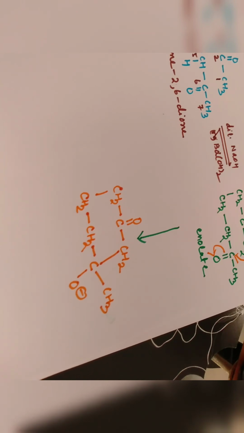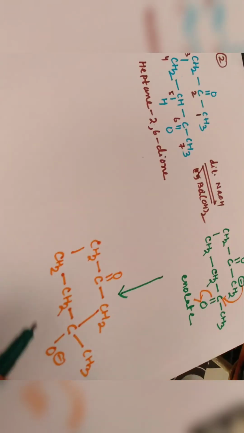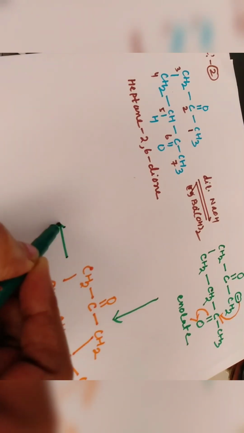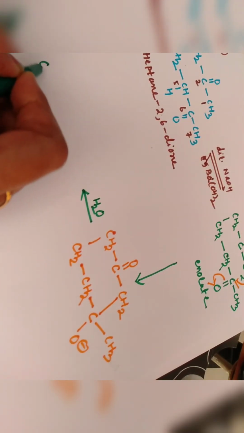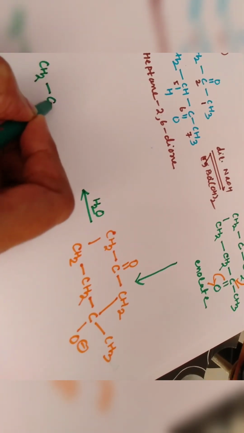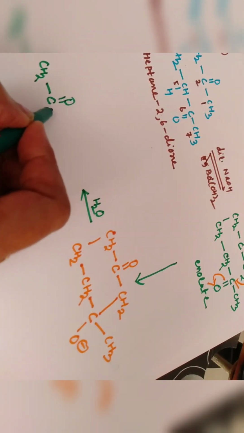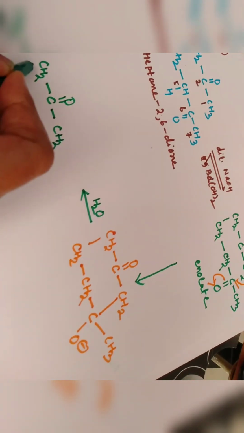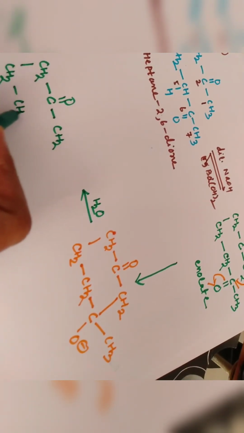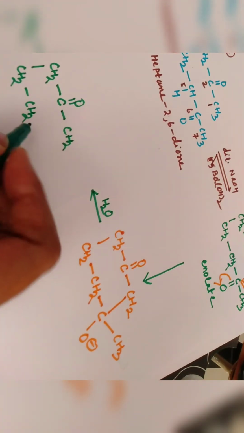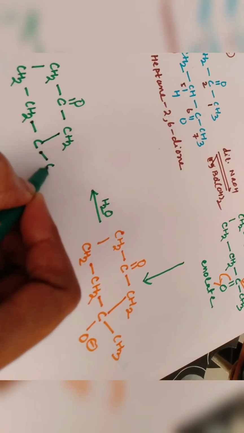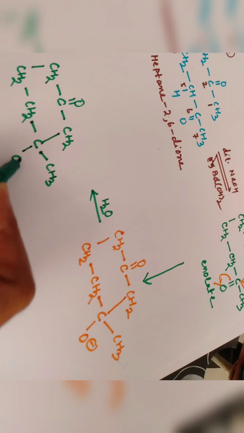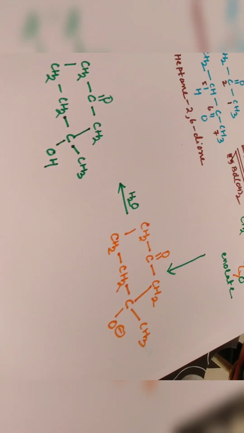Now after the formation of this compound, it will be treated with a water molecule and it will take a proton. The O minus will take a proton and forms OH. So the product is CH2, C double bond O, single bond CH2, CH2, CH2, and this one is C, there is a bond, this becomes CH3 and this becomes OH.